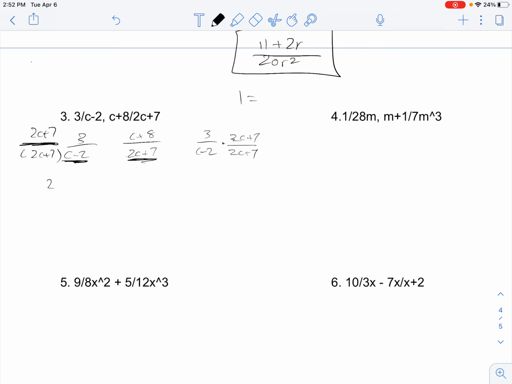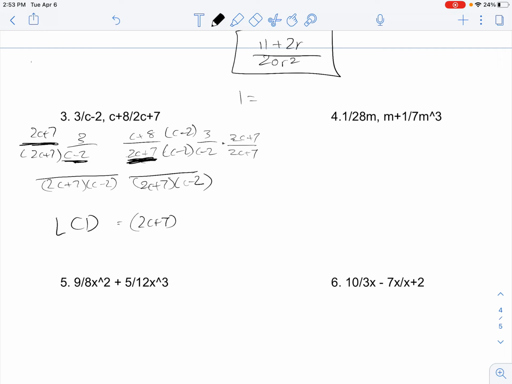If I were to do that, I would get 2c plus 7 times c minus 2 as the denominator over here. And for this one, I would multiply c minus 2 top and bottom, and I would get 2c plus 7 times c minus 2. For this problem, our LCD would be equal to 2c plus 7 times c minus 2, whatever that will be.